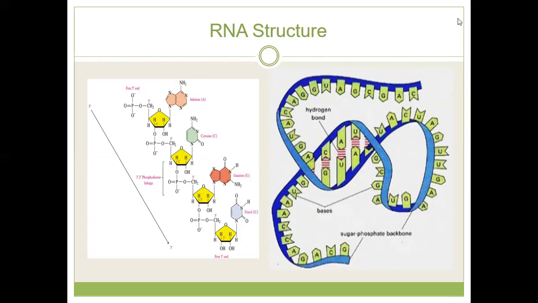We don't need to talk about the structures, but basically they can fold on themselves, just like we've seen here from the image. You can have complementary base pairing within a single strand. It is one strand that folds on itself to form a double strand using conventional complementary base pairing.